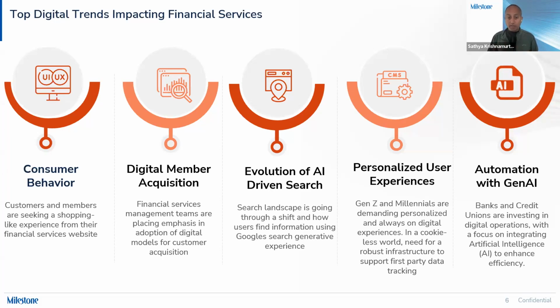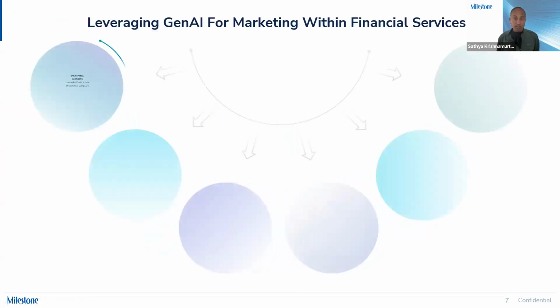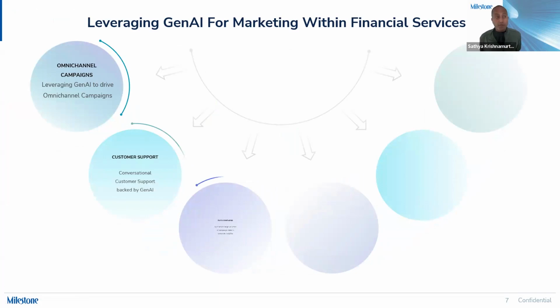Now, I want to get to the next slide and give some idea of what applications financial services are looking at in leveraging GenAI. First and foremost, some of the credit unions, or banks in fact, are using GenAI for omni-channel experiences.